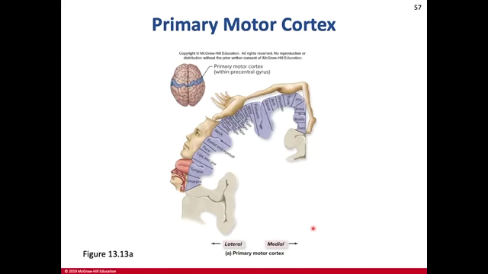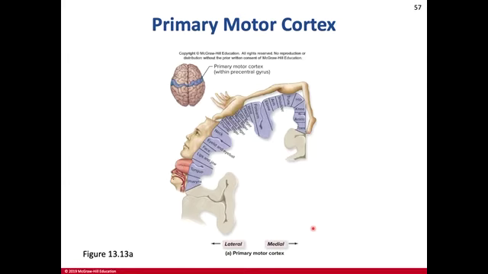And that's because in certain areas of the body, we need more motor control, such as your hands, your fingers, your muscles in your face, your tongue, and so on, okay? Whereas in other regions of the body, you don't need nearly as much, such as your arm, your legs, your trunk, okay?